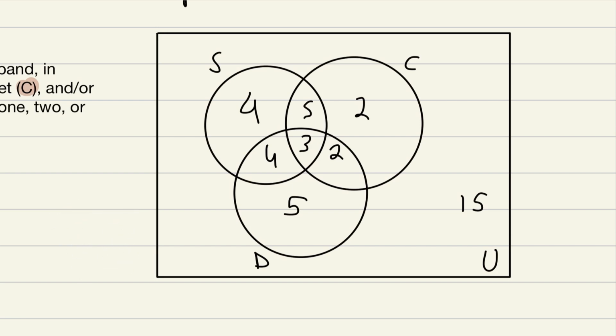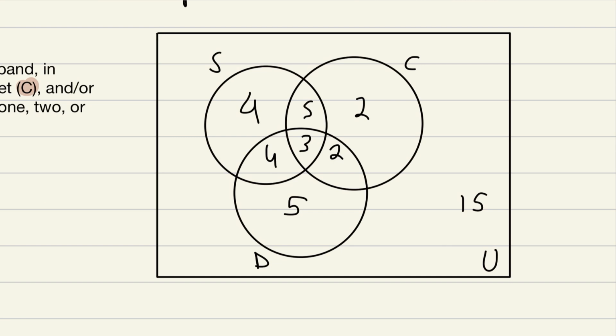Then we need to find out the probability that a student chosen at random from the entire class plays either the clarinet, the drums, or both. So we'll be looking at this entire area, and that will give us 21 because 4 plus 5 is 9, 9 plus 7 is 16, 16 plus 7 gives 21. So that's 21 out of 40. So we leave it at that.